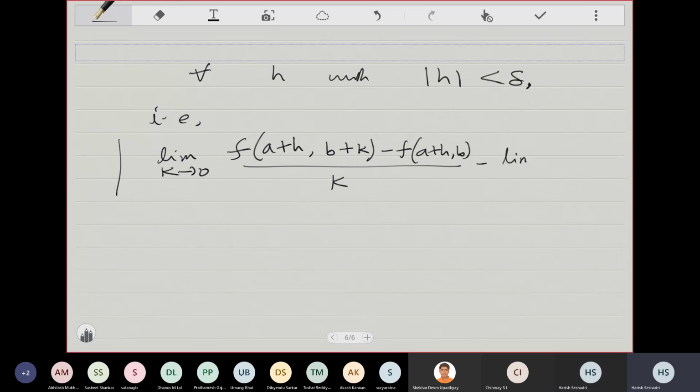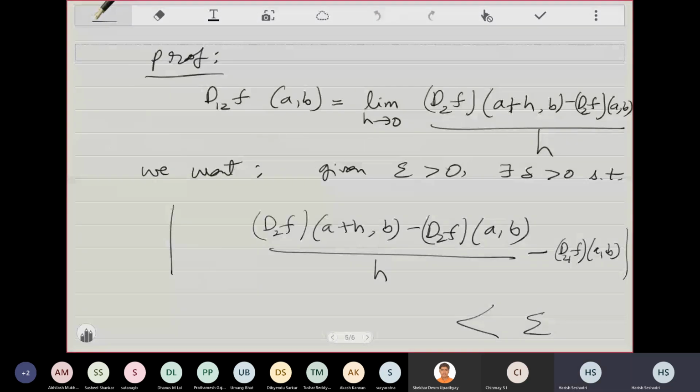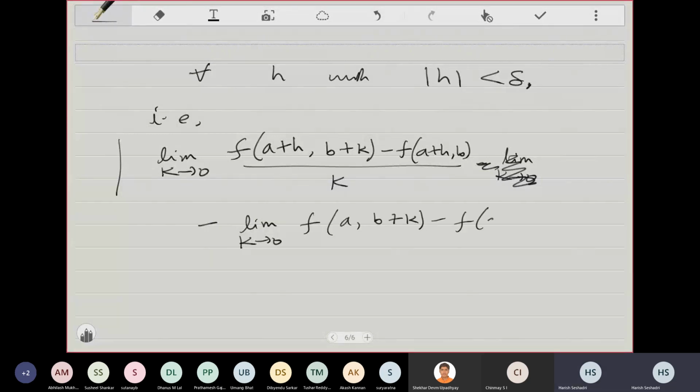Minus, in the second D2f, at (a,b), the limit as k goes to 0 of f(a, b+k) minus f(a,b), whole thing divided by k.